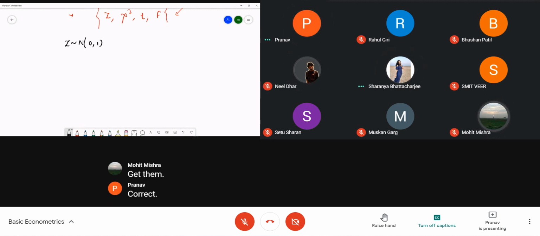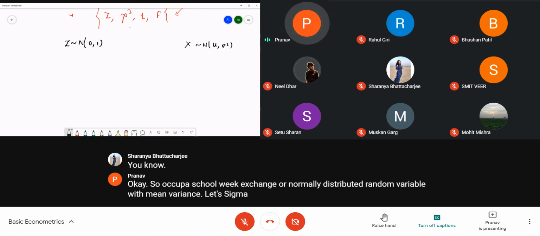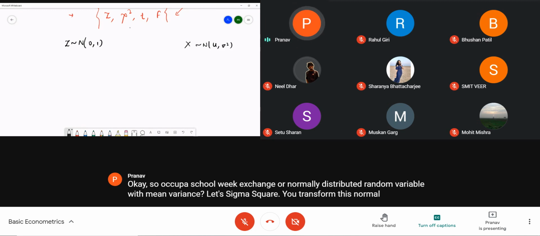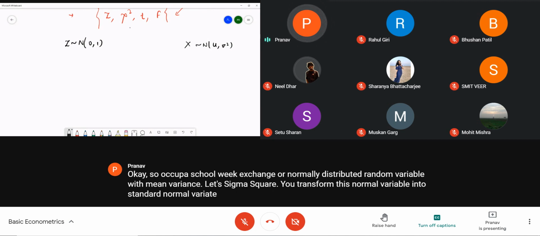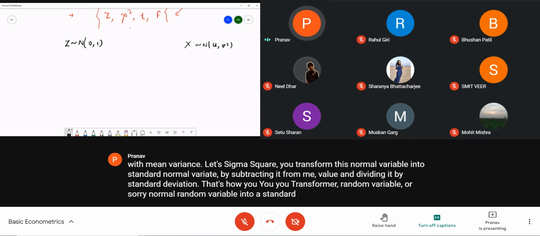Correct. तो आपके पास कोई भी एक x है जो normally distributed random variable with mean mu, variance, let's say sigma square. You transform this normal variable into standard normal variate by subtracting the mean value and dividing it by standard deviation. And that's how you transform a normal random variable into a standard normal variate. चलेगा यहाँ तक? ठीक है?